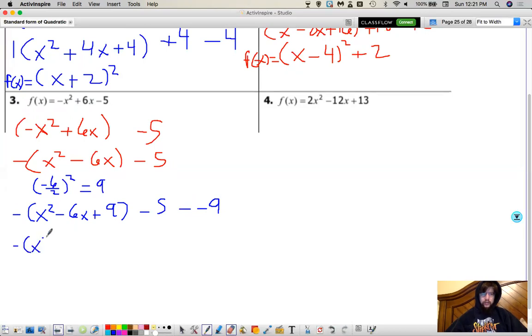Negative x squared. Oh, X, sorry. Need to factor it now. X minus b over 2 is 3 squared. That's a negative 5, and a positive 9 makes a positive 4. There we go. Our vertex is positive 3, 4, and our a is negative 1, so that's going to flip it upside down.